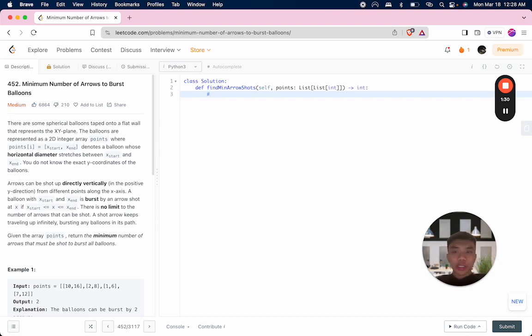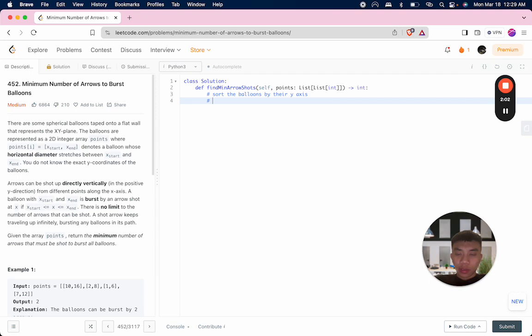So the solution to this problem is to sort the balloons by their y-axis, and this will give us the furthest balloons out first, and we're doing this because there are the most balloons at the furthest out.